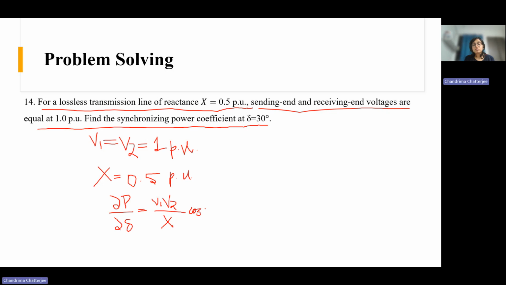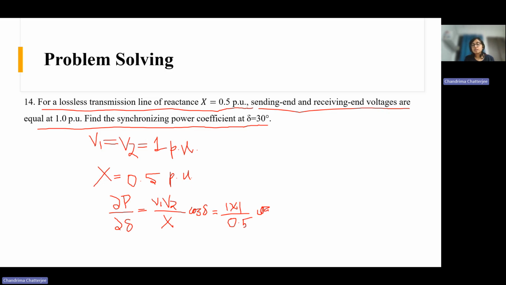Just substitute the values: 1 multiplied by 1, then 0.5 here, and cos 30 degree, since the delta value is 30 degree.